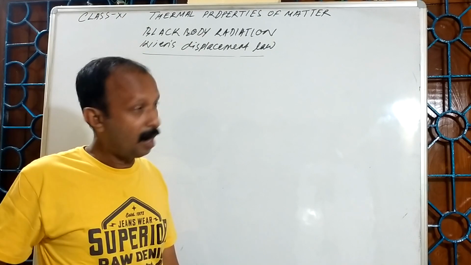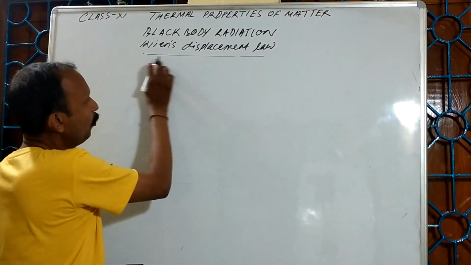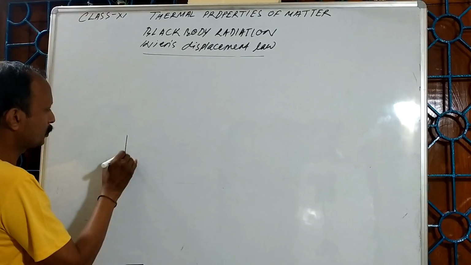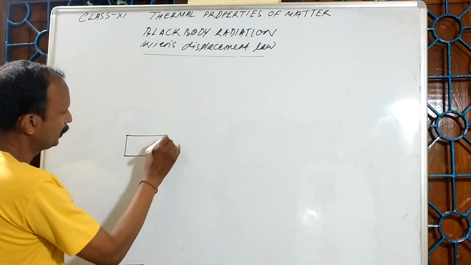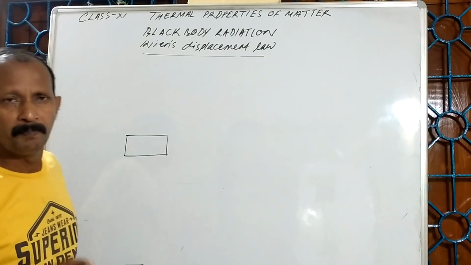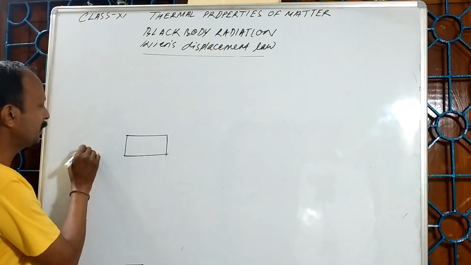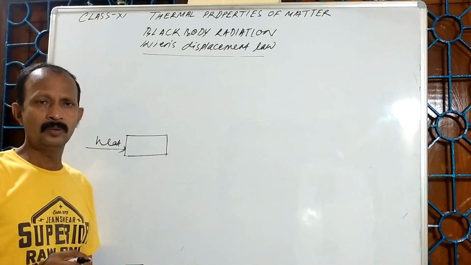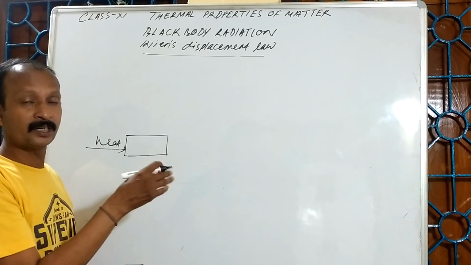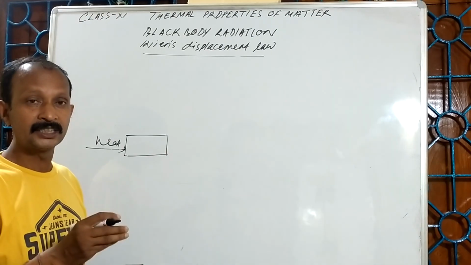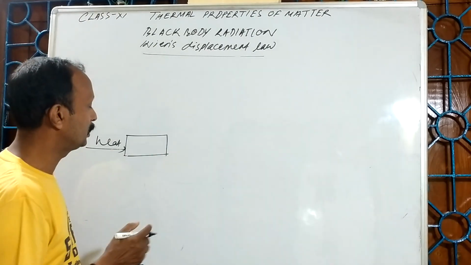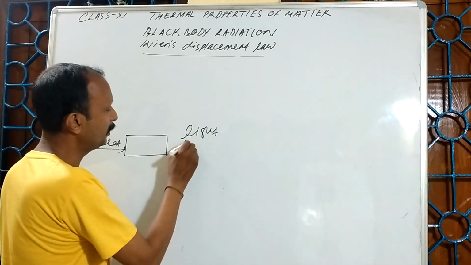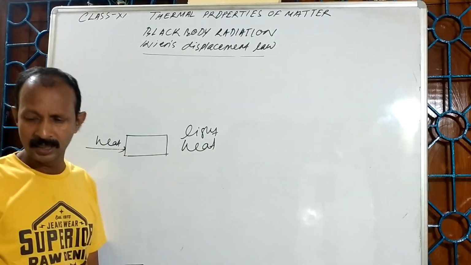Now, let us come to Wien's displacement. See here. Suppose this is a black body. I supplied the heat. When its temperature became more than the surrounding air, it started emitting energy. That energy may be in the form of light, may be in the form of heat.